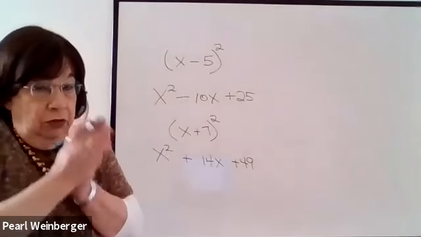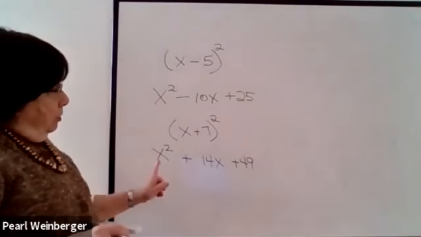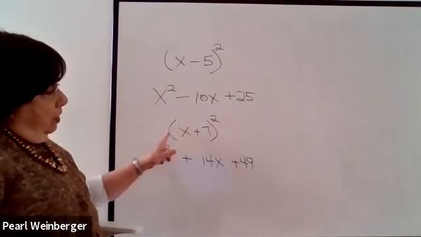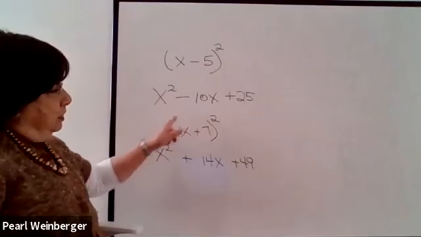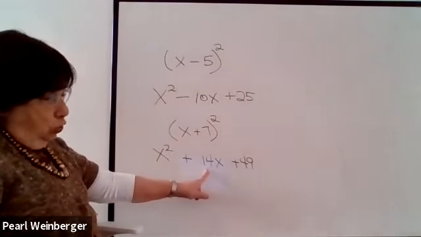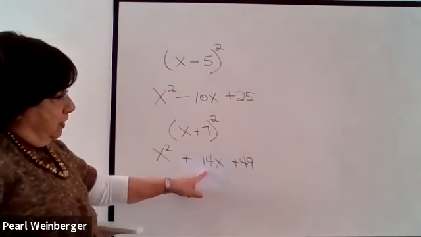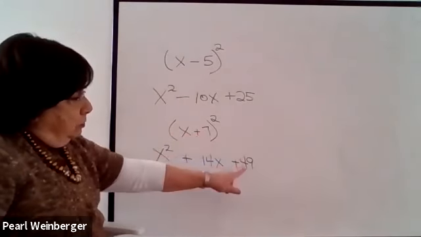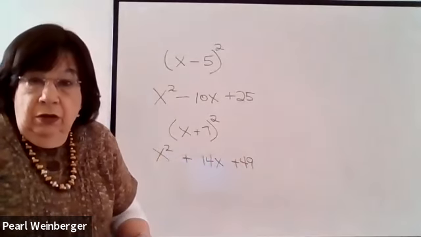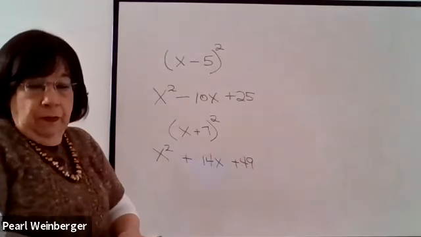When you expand it into a trinomial, the first term is the first term squared. The middle term is these two numbers multiplied together and multiplied by 2, so 7x times 2, which is 14x. And the last term is the 49, which is the 7 squared.